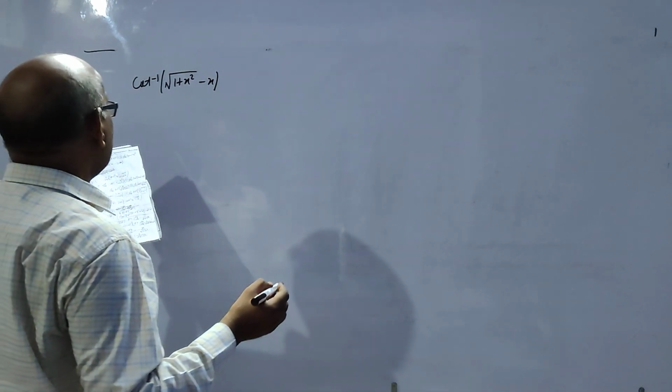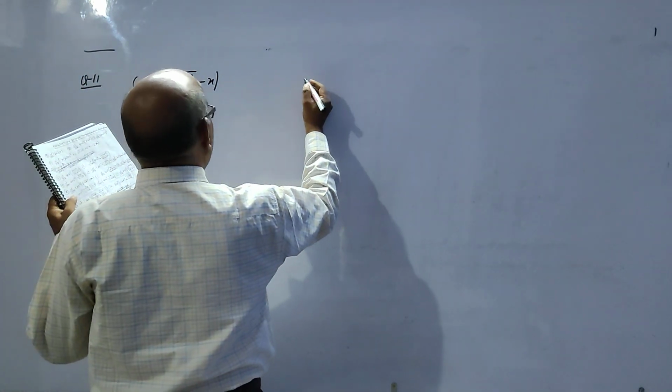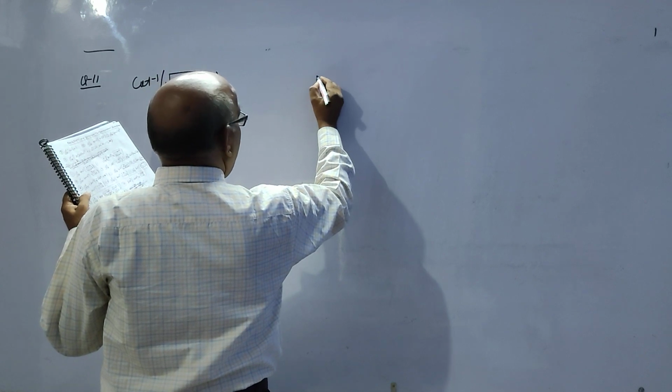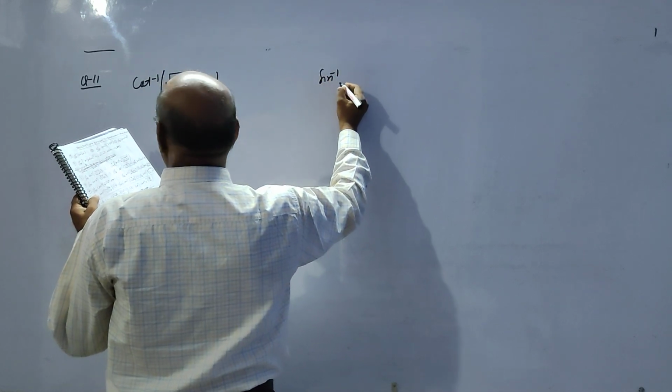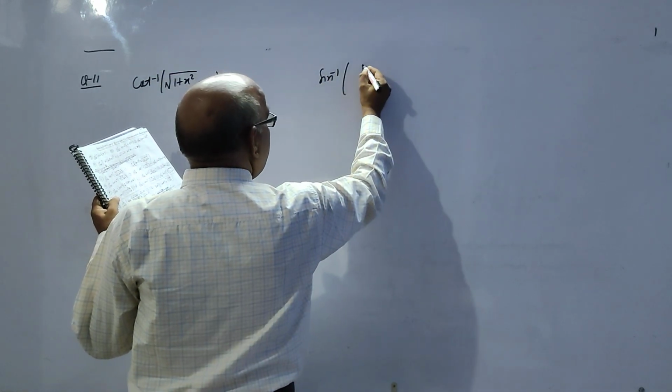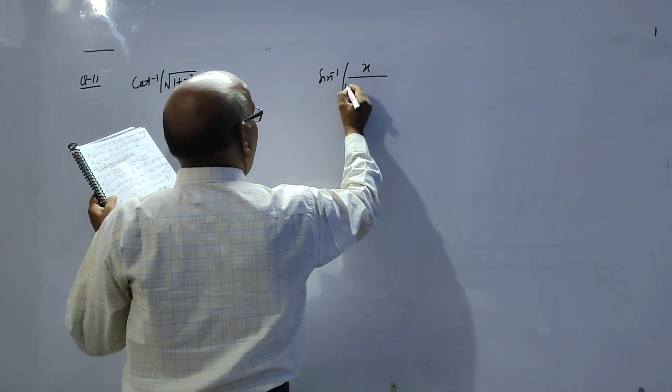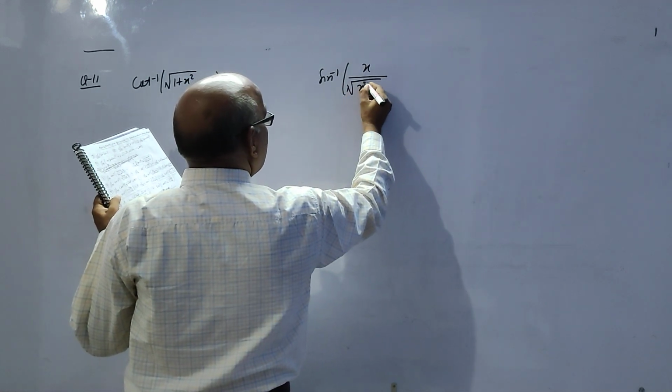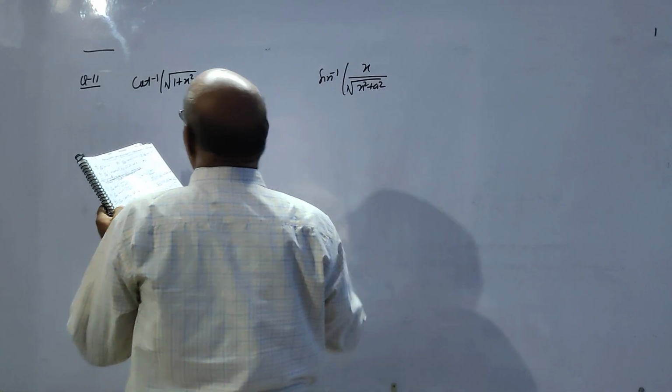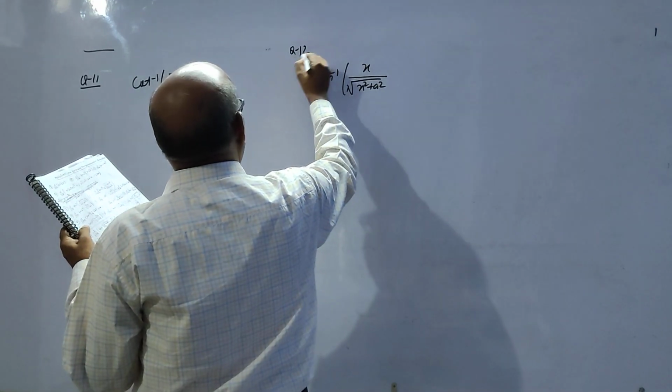And the next one is sine inverse x upon under root x square plus a square. This is question number 12.